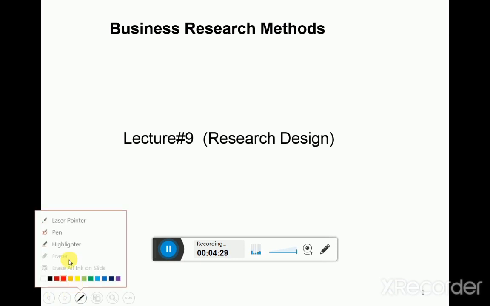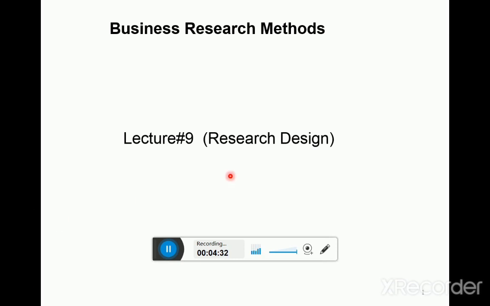Simply stated, if you focus on the words research and design, research we already discussed, and simply that is a design. It means design a research, state a research, formulate a research, structure a research, or simply the roadmap of a research. Research design is basically a blueprint of a research.